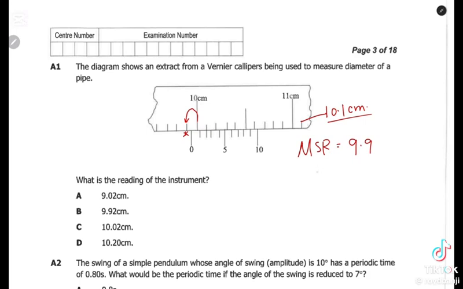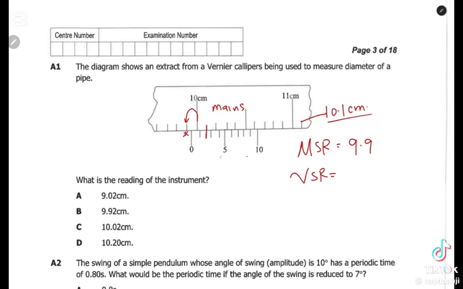So 9.9. Then how do we find the vernier scale reading? For the vernier scale, you look at where the main scale and the vernier scale coincide. This is the line that is coinciding, continuing from the main scale to the vernier scale, and that is where you pick the reading.